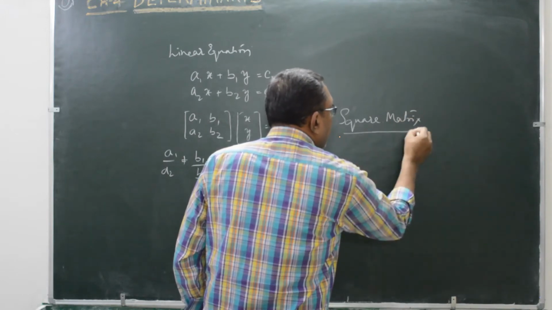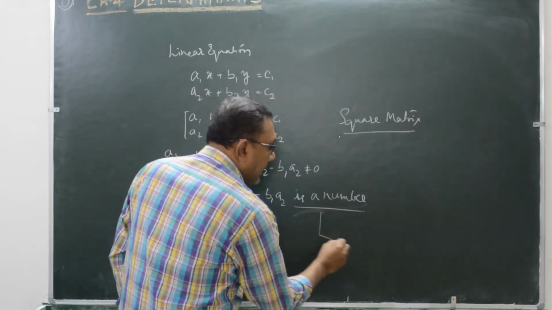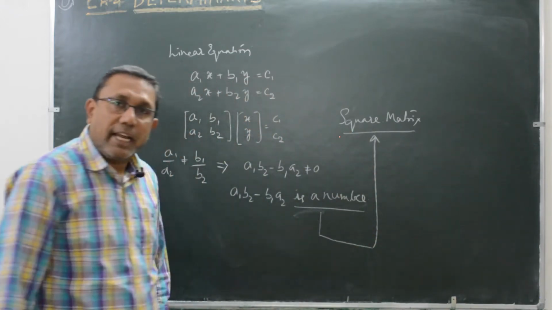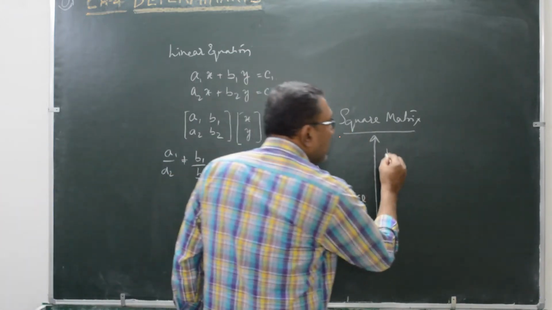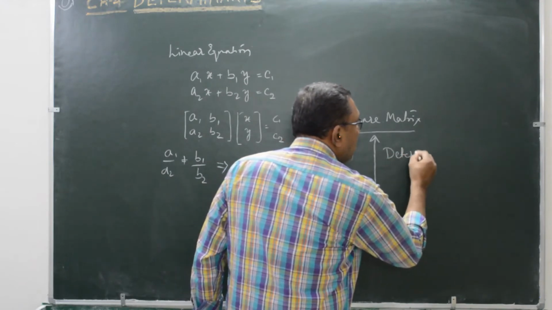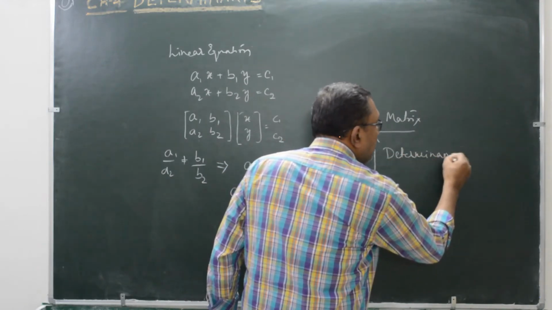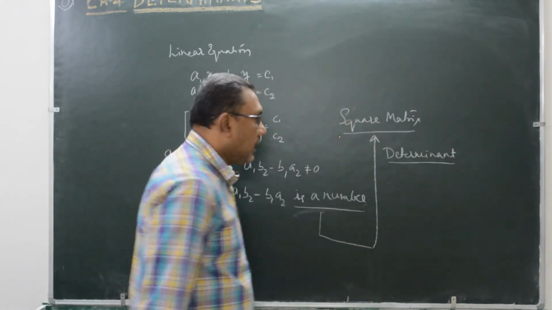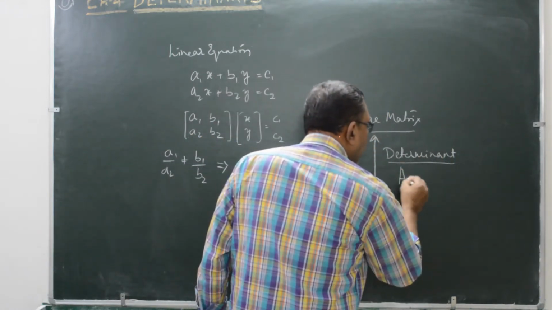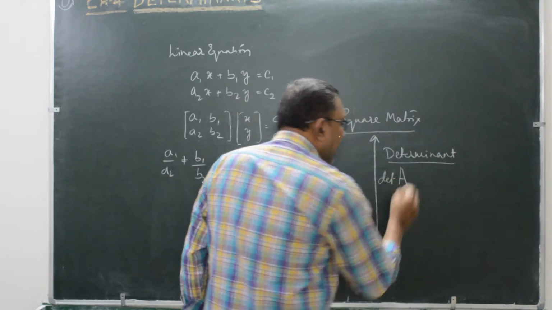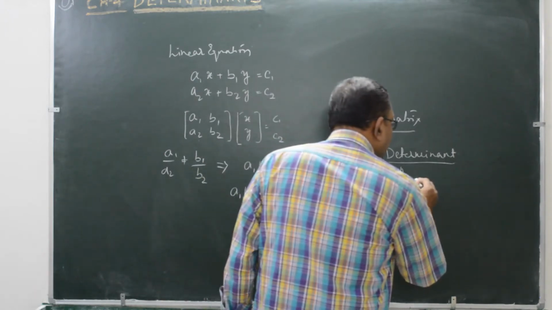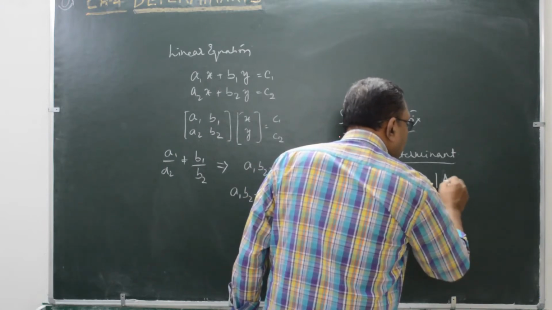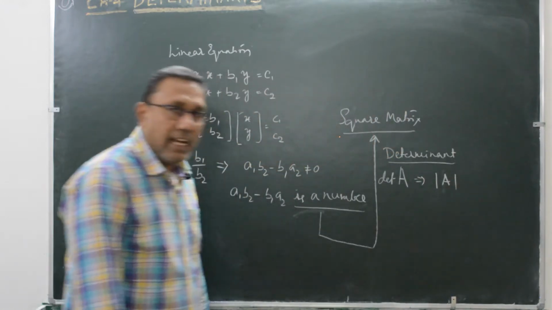That is, the one particular number associated with a square matrix is called the determinant of that matrix, and we usually denote it by det A, or determinant of A.